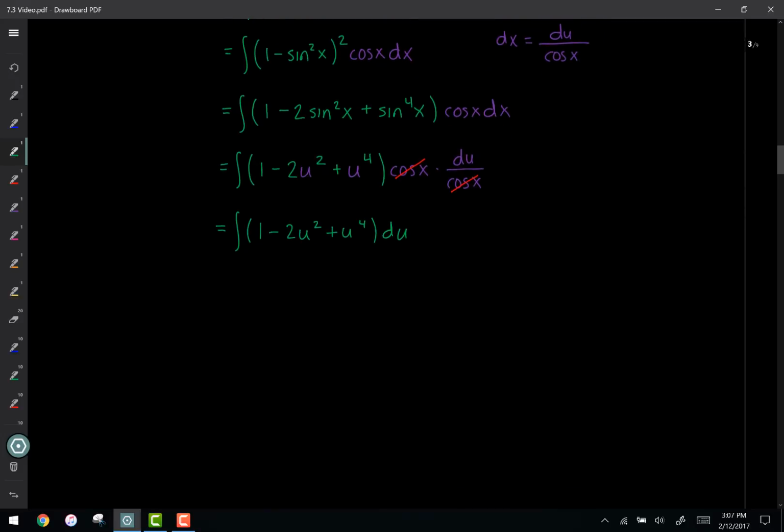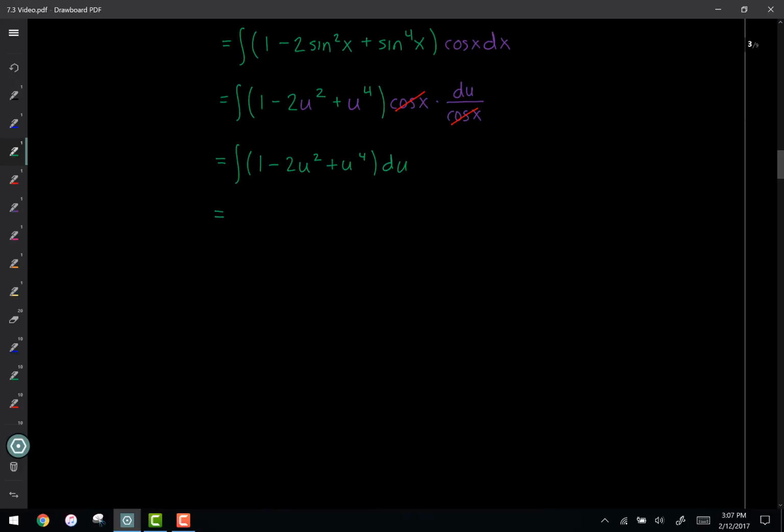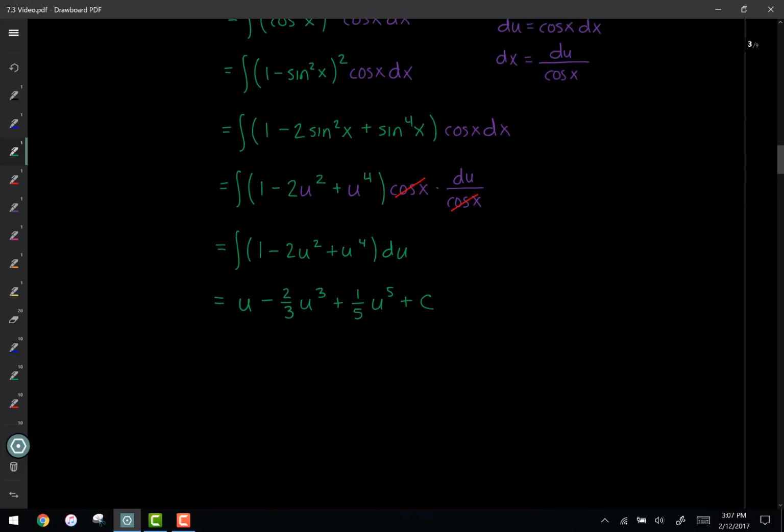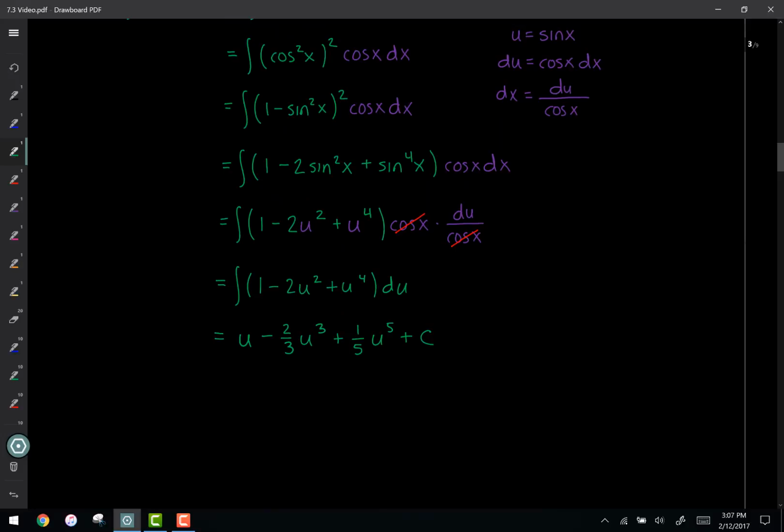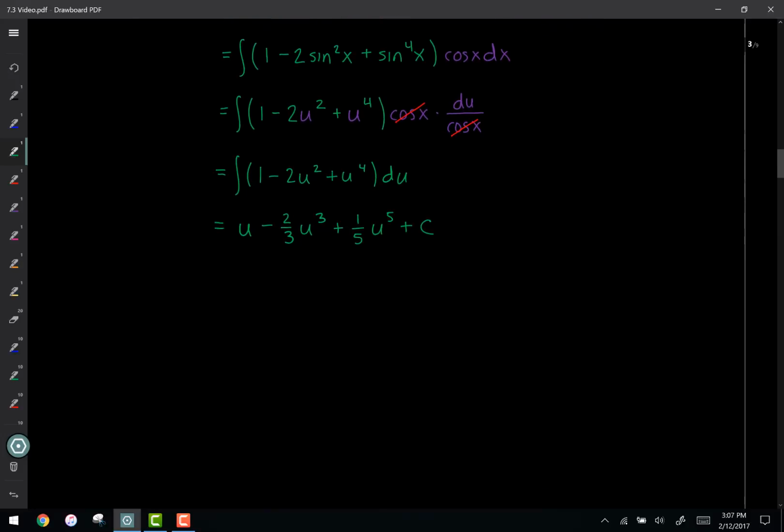The integral of 1 minus 2u squared plus u to the fourth du. And just use the integration power rule on that. So the antiderivative of a constant is just going to be u minus 2/3 u cubed plus 1/5 u to the fifth plus c. And like always, our last step is just make sure to back substitute what u was.